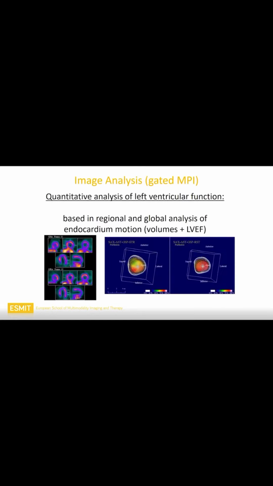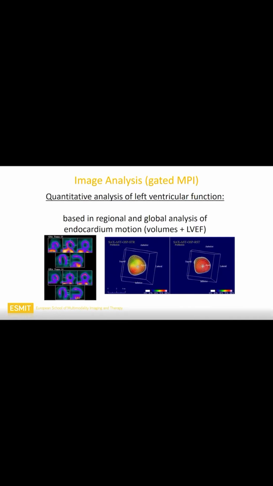Not only with the perfusion defects, we also need some data from the gated acquisition. Gated acquisition is important because we can get volumes, and you can get ejection fraction just after stress, just after rest. And then we have to check the volumes and ejection fraction. Why?